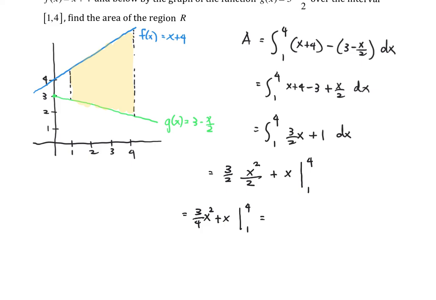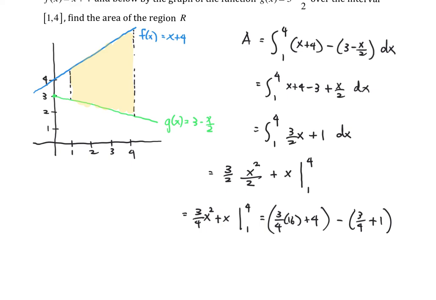I'm going to plug in a 4 there. That's going to give me 3 over 4 times 16 plus 4. That's what I get when I plug in the 4. I'm going to put that in parentheses, minus, now I'm going to plug in a 1. I'm going to get 3 over 4 for the first term, plus 1 for the second term.